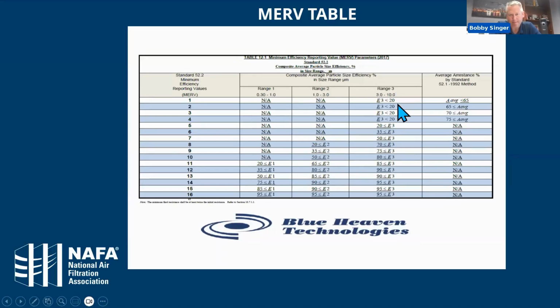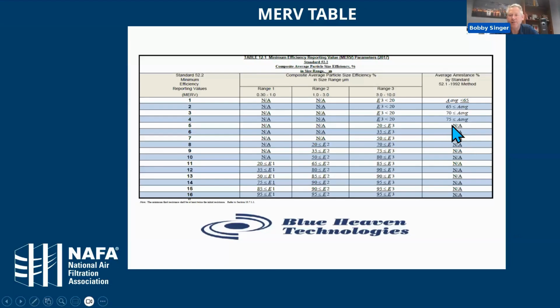E3 range doesn't become a factor until you get to MERV 5, where there's a 20% requirement. So what happens if you're less than 20%? In those cases, the MERV is established by the arrestance percentage of the filter, the average arrestance. That's the percentage of dust that the filter stops through the test.